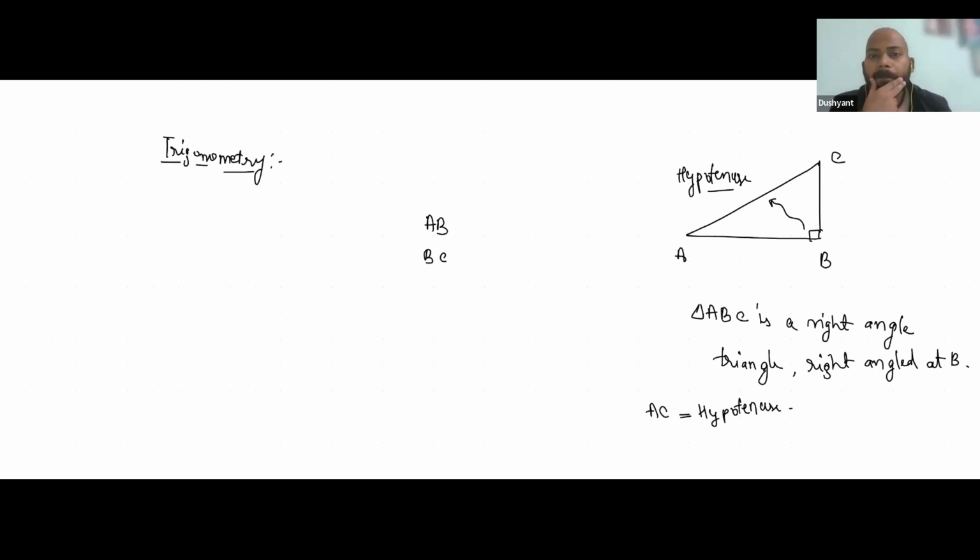Sorry. BC is the adjacent, is it not? I think. Am I wrong? Your voice is very low for me. Just hold on.